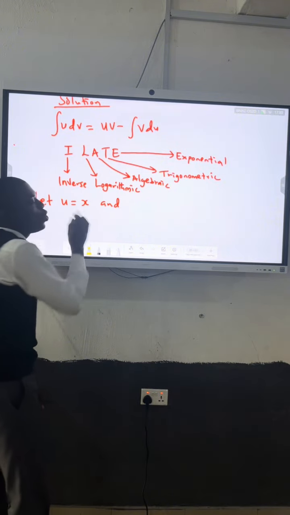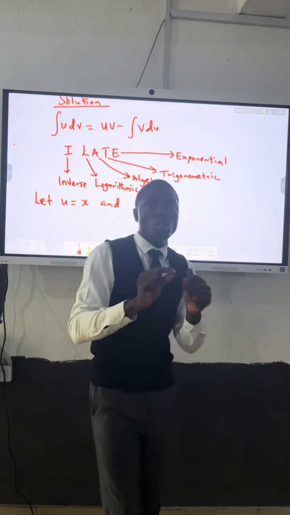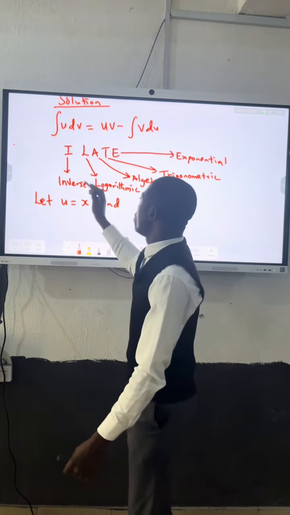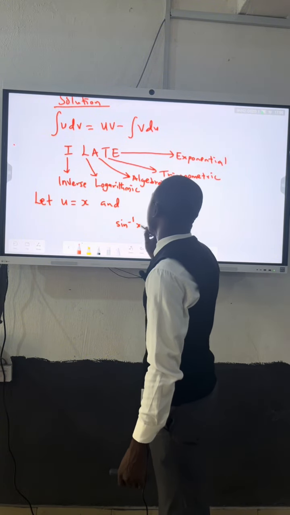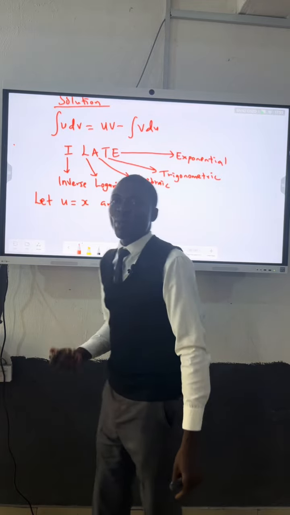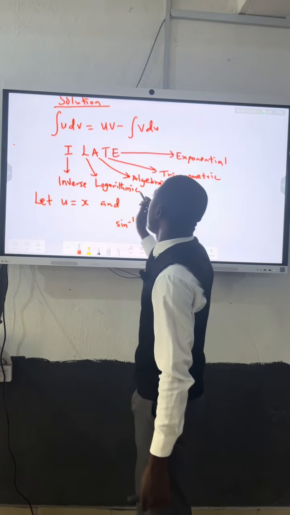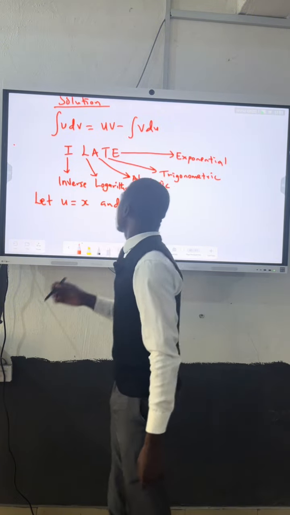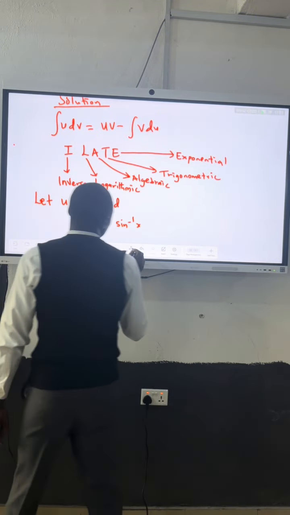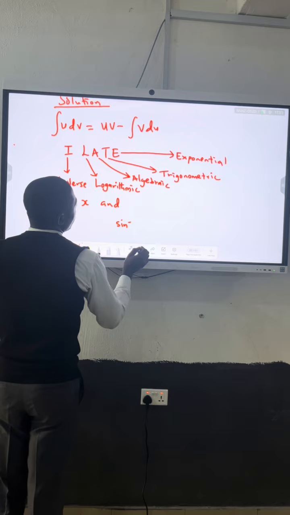Once you call u x because it's algebraic in nature, that's because there is no inverse trigonometric function like sine inverse of x or cos inverse of x, and no logarithmic function like log x or ln x. The next is the trigonometric function.